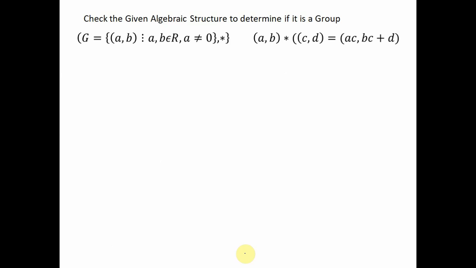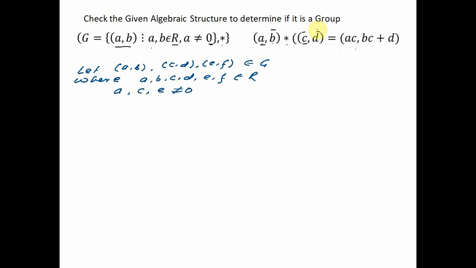So G is a set of pairs (a, b), where a and b belong to the set of real numbers and a is not equal to 0, and the operation star is defined as (a, b) star (c, d) is equal to (ac, bc plus d). So the first element is taken as ac and the second element is taken as bc plus d. So let us verify this.